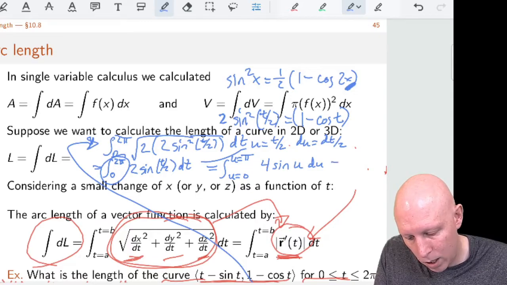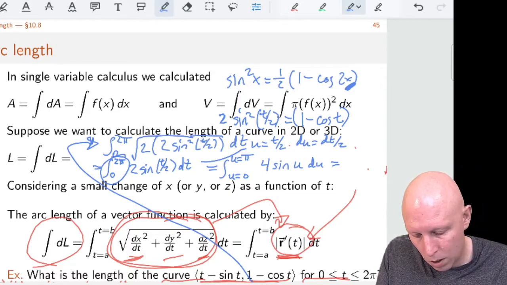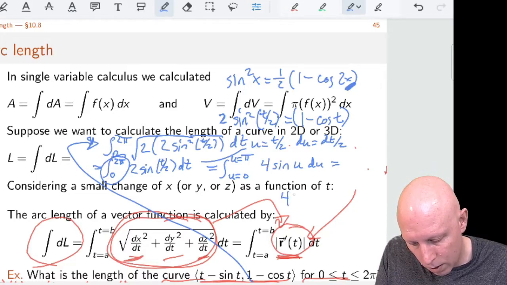Okay, what do we get here? We get 4 times the integral of sine of u, which is negative cosine of u, where u goes from 0 to pi.